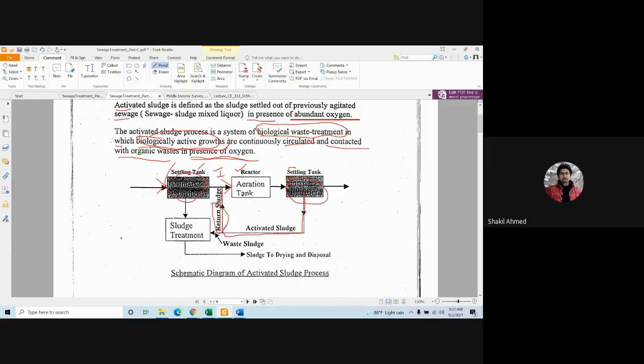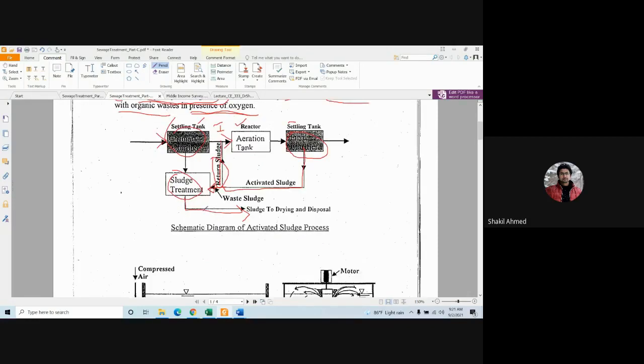And not all of the sludge is returned, some part of it is returned, and the other part is discharged for sludge treatment. Clear?